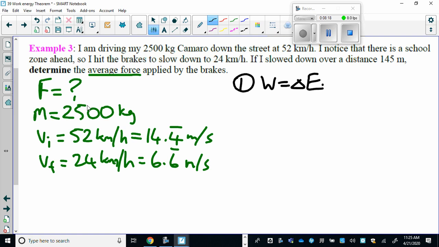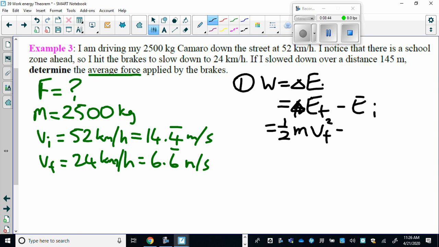And the change in energy is simply going to be the final energy. Any change is always the final minus the initial. And again, we're talking about kinetic energy here, so you get your final kinetic energy minus your initial kinetic energy.